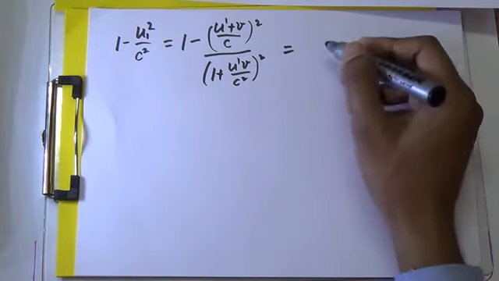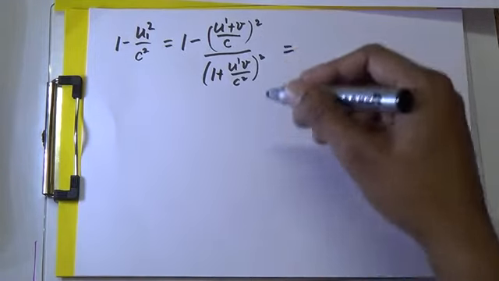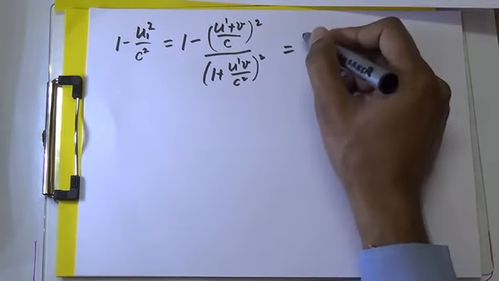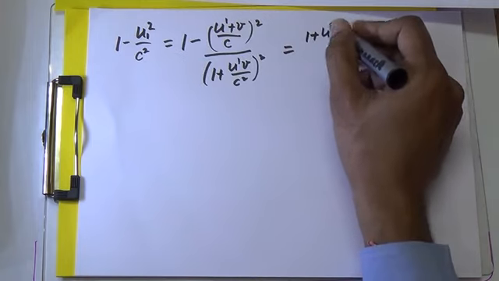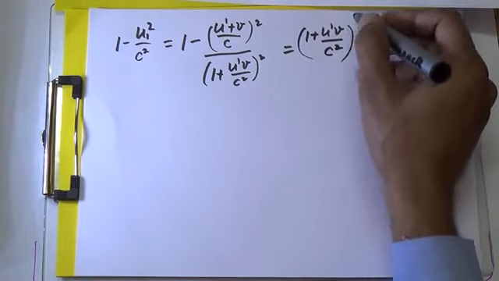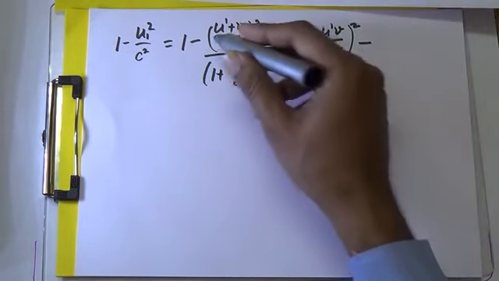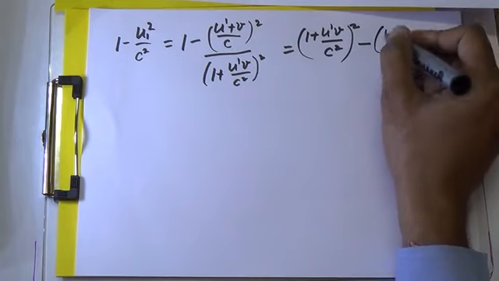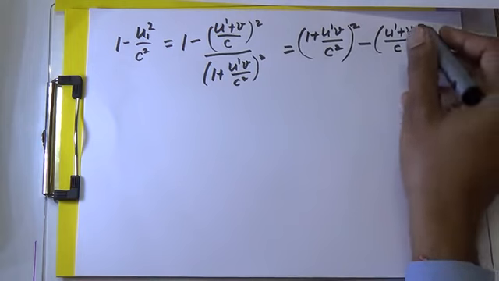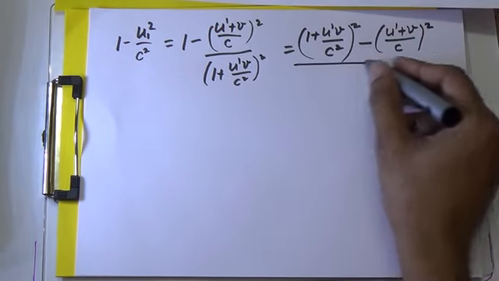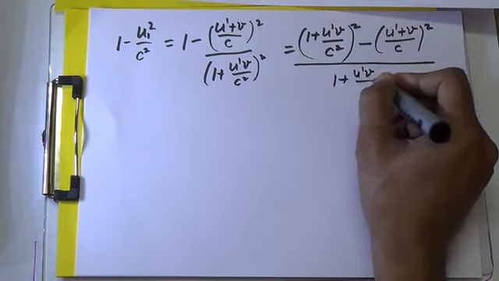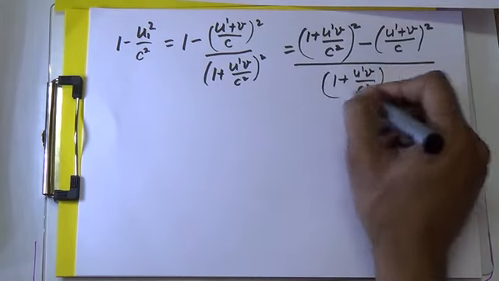Now, simplifying it, so this term is 1 plus u prime v upon c square whole square minus this term u prime plus v upon c whole square, and this one 1 plus u prime v upon c square whole square.